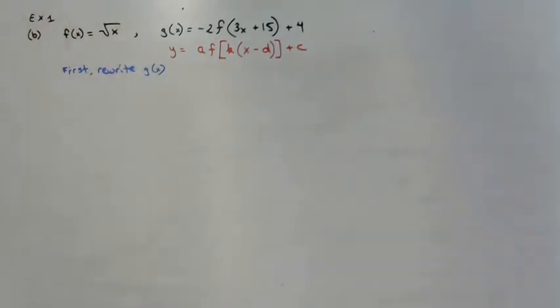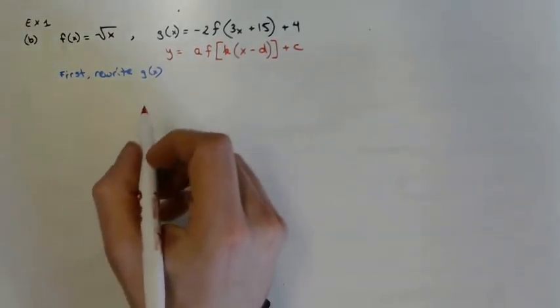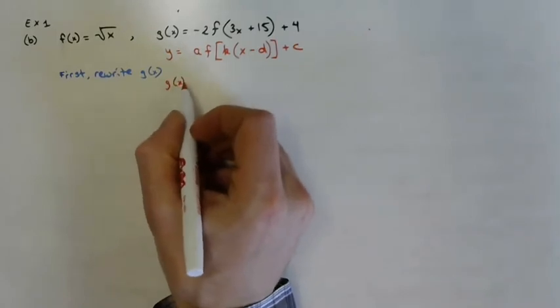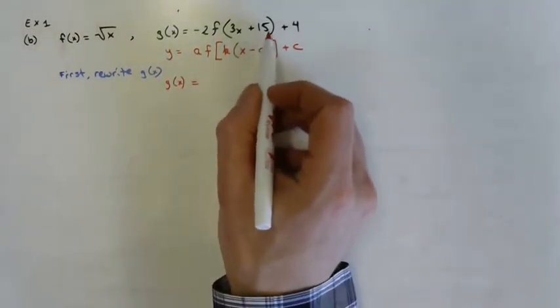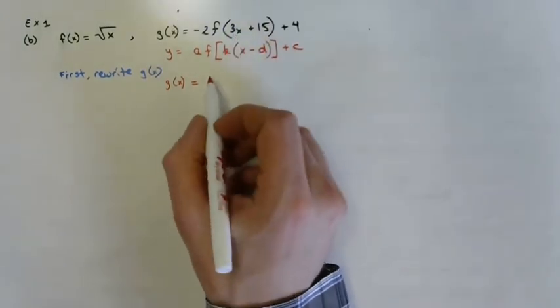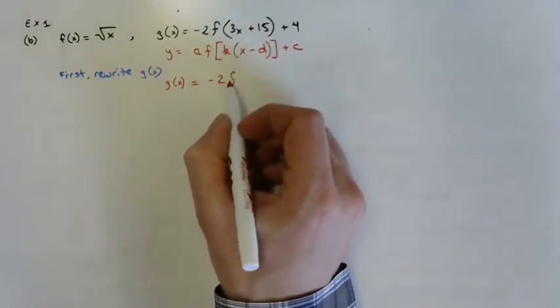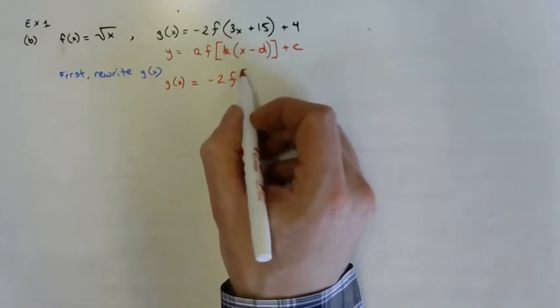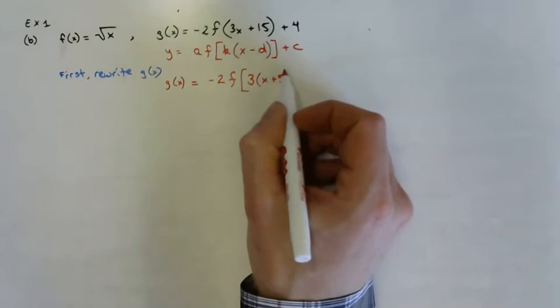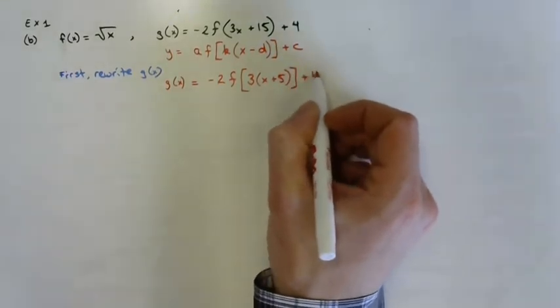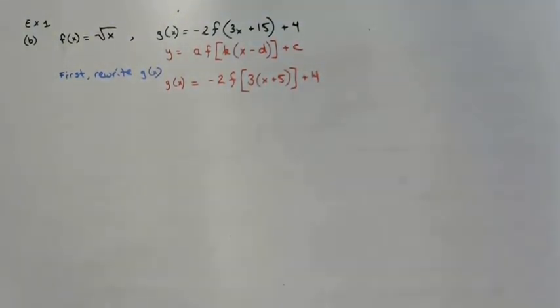Right here, what I need to do is factor out this 3 from the bracket. So the negative 2 stays, f stays, and now I'm going to factor out the 3 from the bracket, leaving me with x plus 5. And now you can see all 4 parameters.